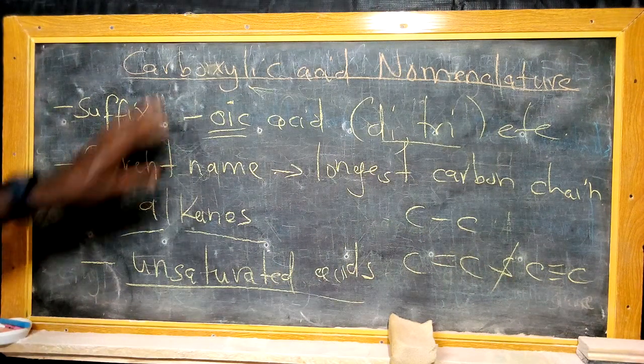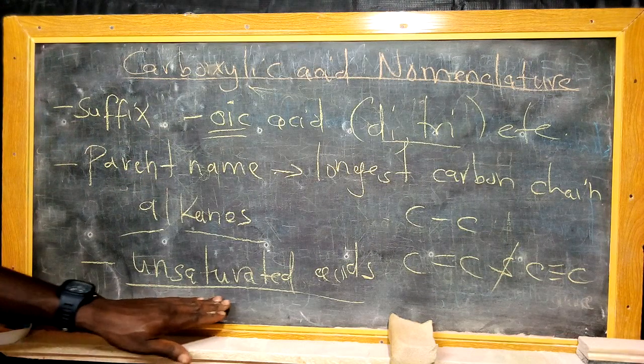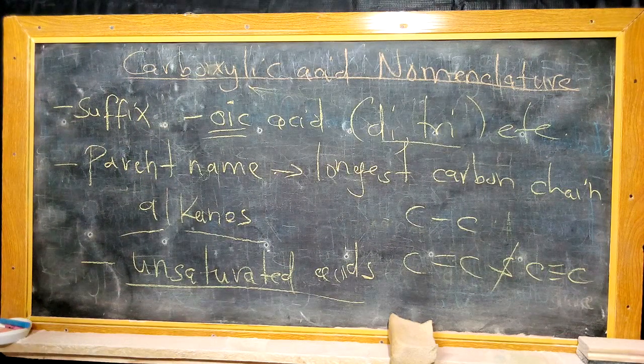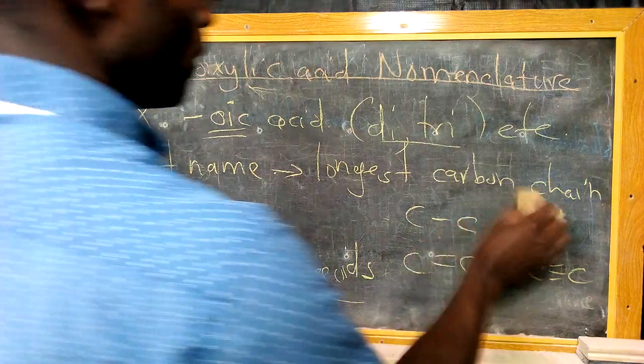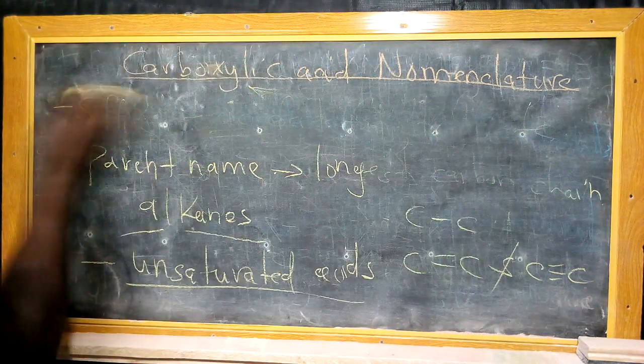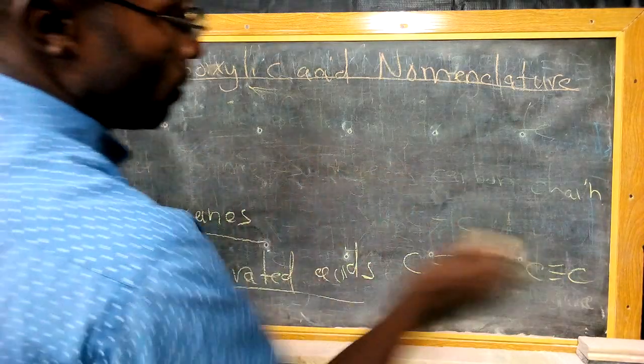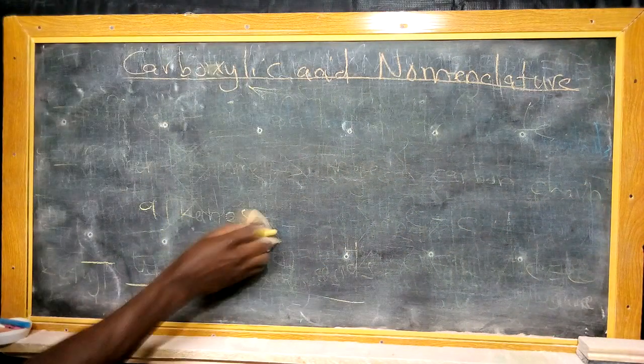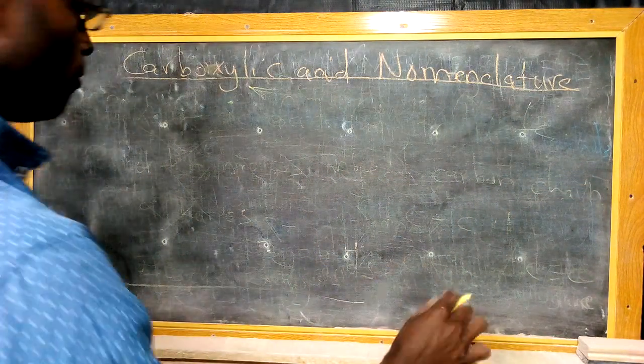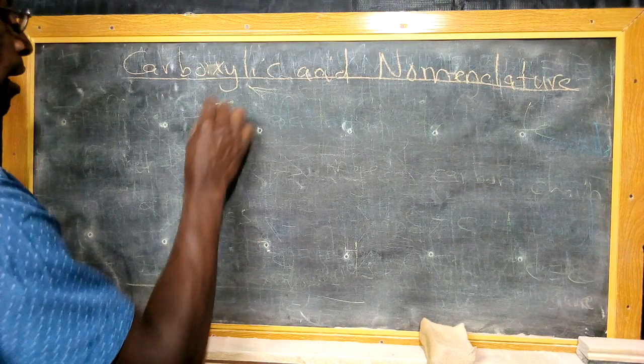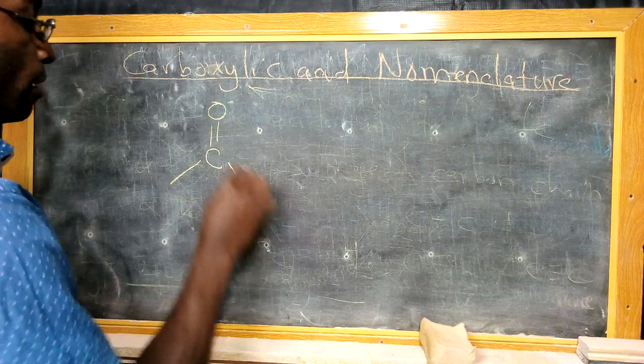So for carboxylic acids as well, the ones that contain a double bond, we are going to look at a unique way in which they can be demonstrated through examples. So for the numbering of carboxylic acids, we're going to demonstrate that using the functional group that we had written. We find that the functional group for carboxylic acid is this one.